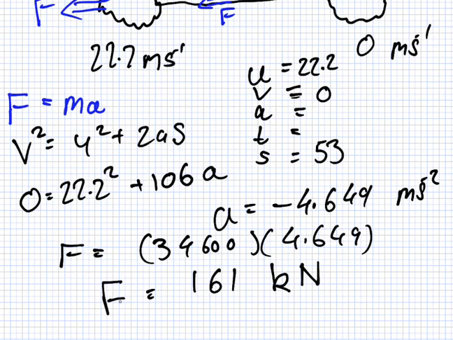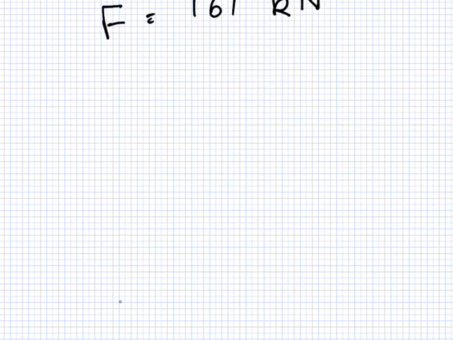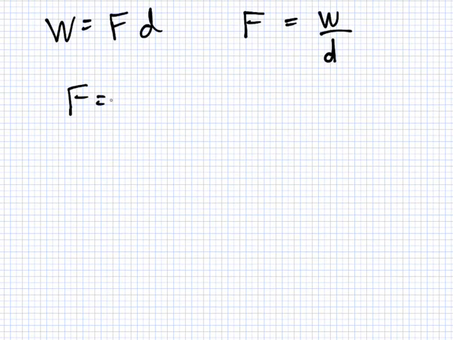I might as well do it here for you. So that was one way to do it. Another way to do it is by saying work equals force times distance. So what does force equal? Work divided by distance. Now, what was the work done? Imagine this pen is moving and its kinetic energy is 1 joule.